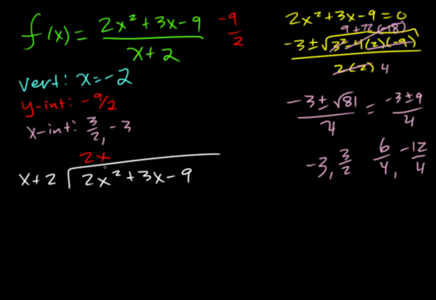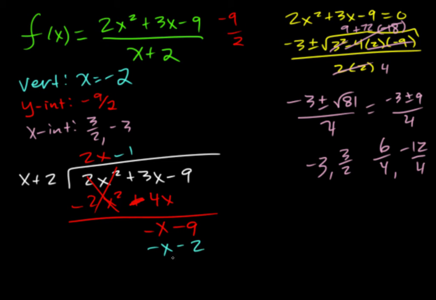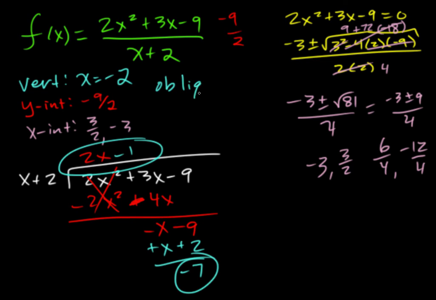So we have to do 2x squared plus 4x, change the signs, those cancel, that's x, -x, minus 9. We need to do -1, multiply it back, -x, -2, change the sign, and -7. Now we do have a remainder with this -7, but we don't care about it in this situation. So we just want our oblique asymptote, which is 2x minus 1.